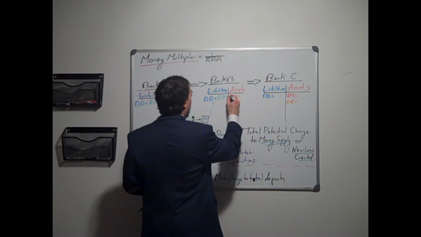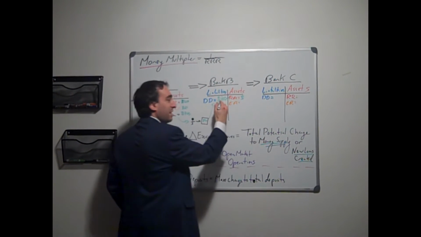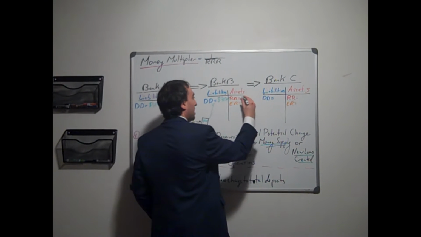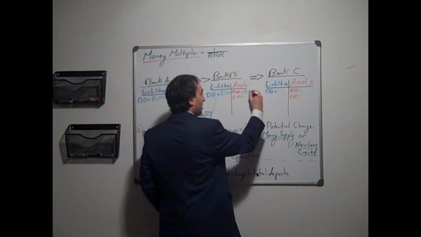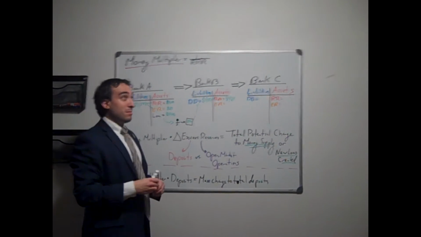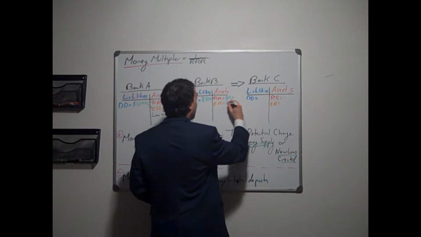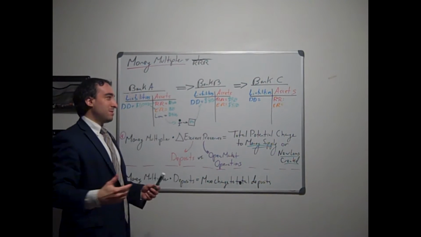The bank must now put 10% of 900, you're still operating with 10%, into required reserves. That's 90. And now the remaining 810 could go into excess reserves.